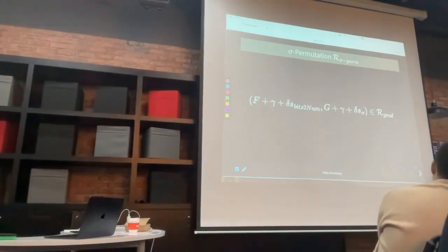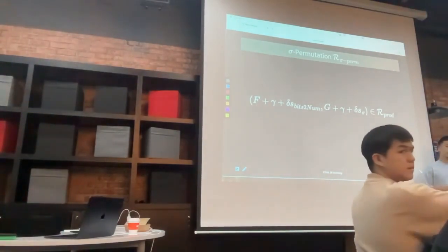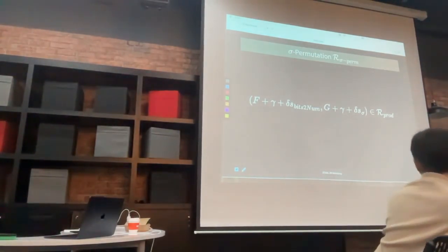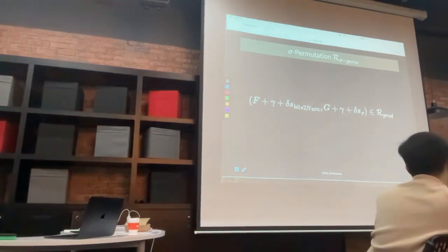So what does delta mean? It's multiplied by delta. Delta is to add randomness. So why is gamma not enough? Why do we need delta?